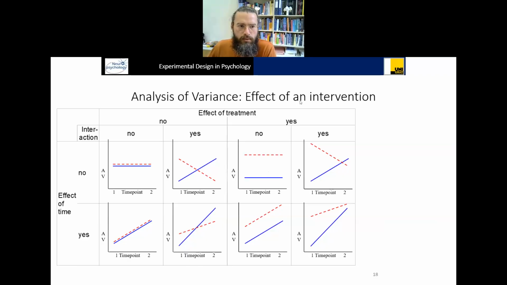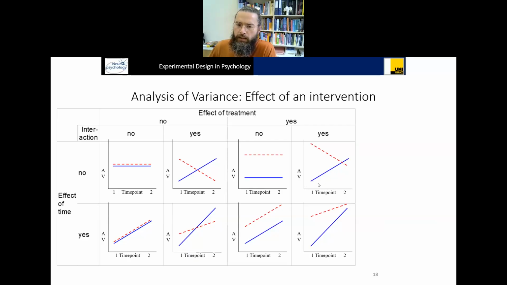And on this side here, you have an effect of treatment, because the red group is performing better than the other one. And here you also have that. But this is also a particularly interesting situation in which you have a big difference at the beginning and no difference at the end.